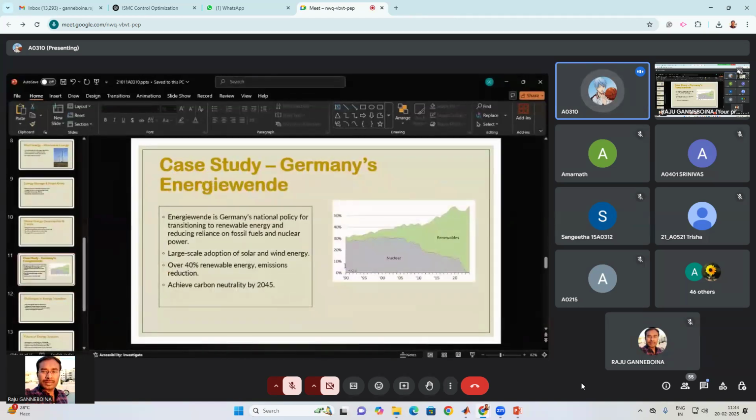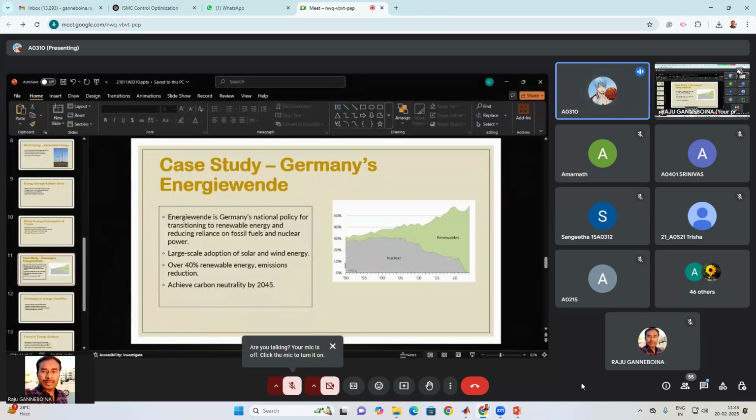We'll look into one of the case studies, Germany's Energiewende. Basically, it is Germany's national policy for transition to renewable energy. And this chart here on the right side represents the production of energy using non-renewable and renewable sources. The non-renewable being nuclear energy and the renewable being wind and solar.